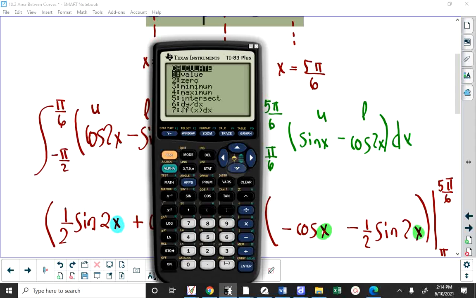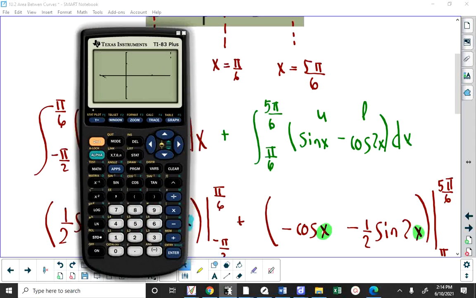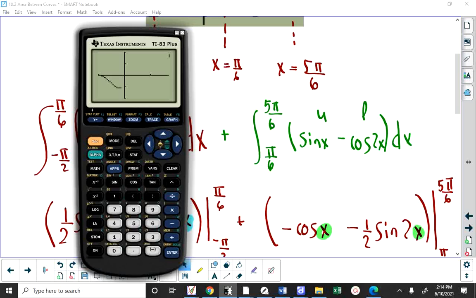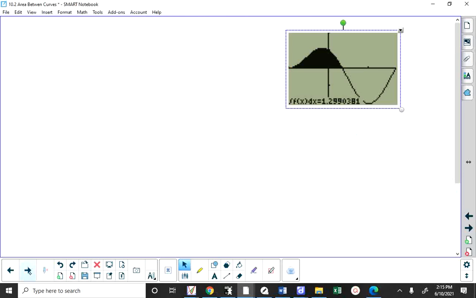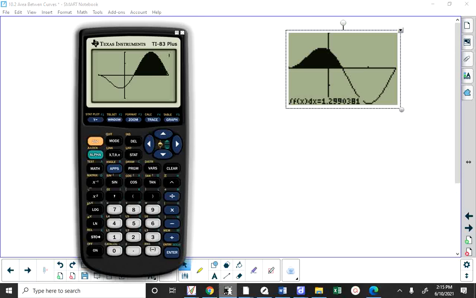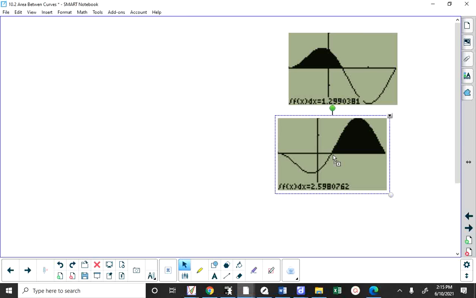And we're going to calculate an integral, this time from pi over 6 to 5 pi over 6. There's that area now that we found before that's now negative because we flipped the integrand over. You get 2.598.